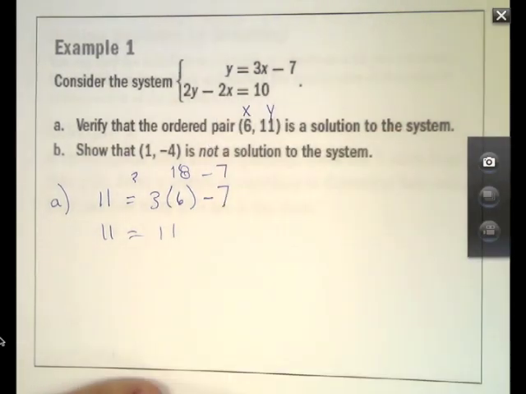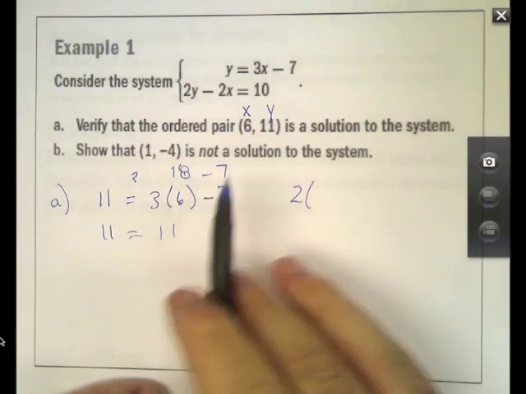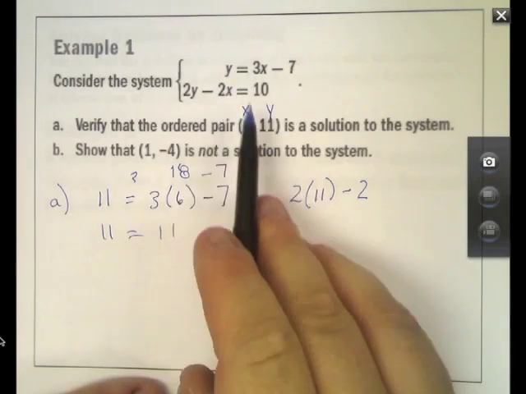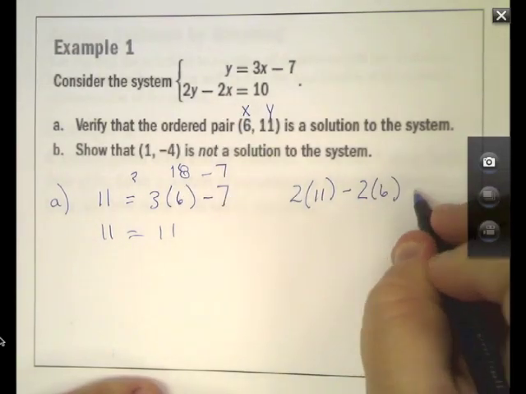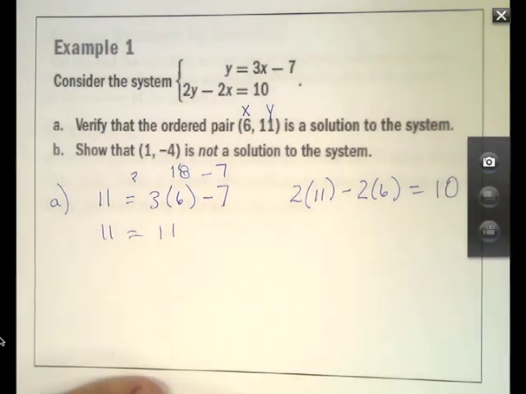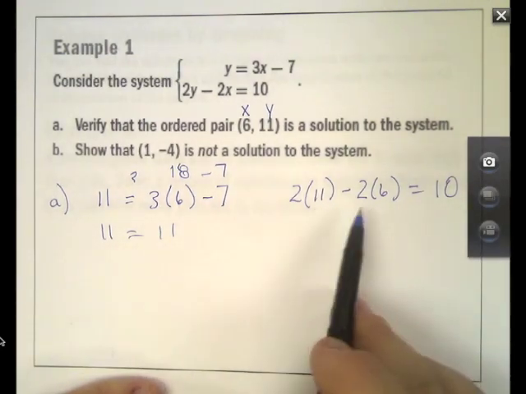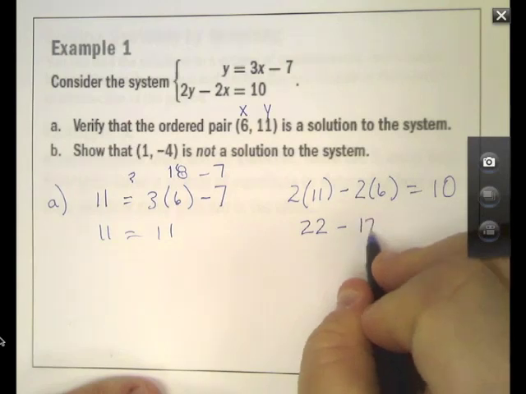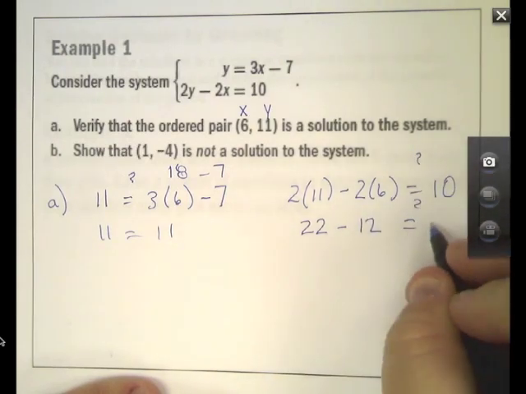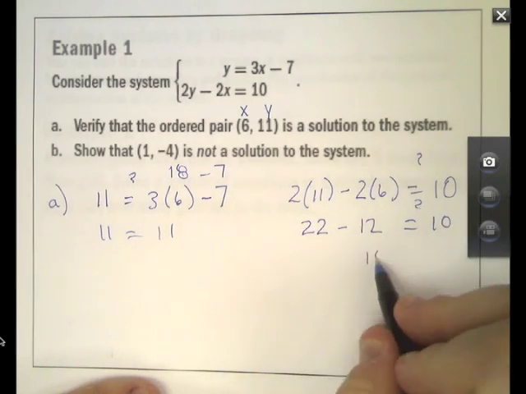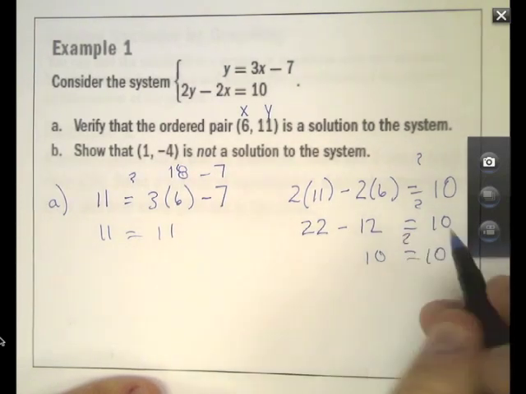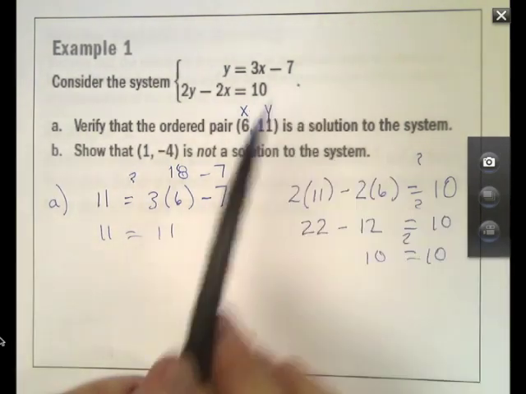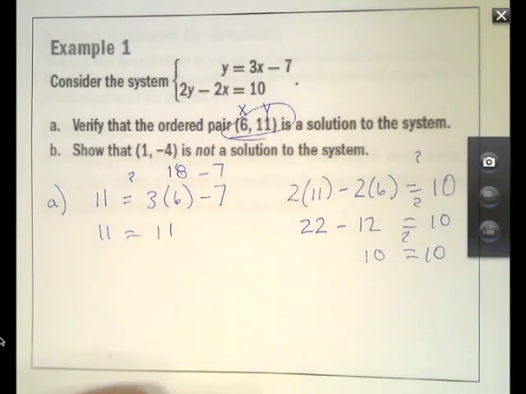Let's try the second equation: 2 times y, which is 11, minus 2 times x, which is 6, has to equal 10. 2 times 11 is 22, minus 2 times 6 is 12. 22 minus 12 is 10. Does 10 equal 10? Yes. So we showed that it works for both equations, so yes, 6, 11 is a solution.